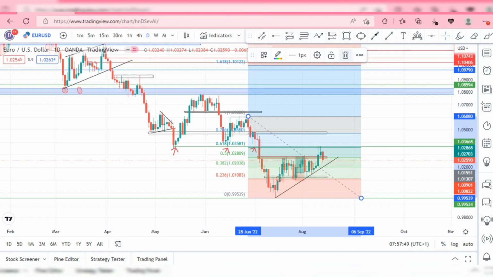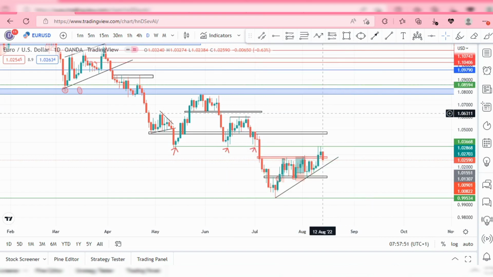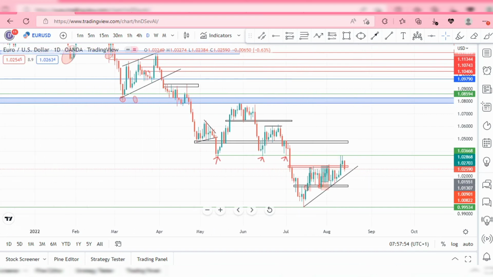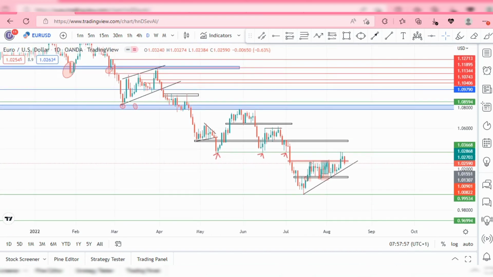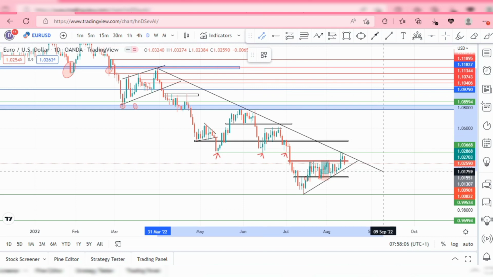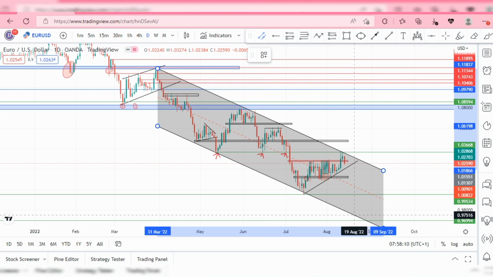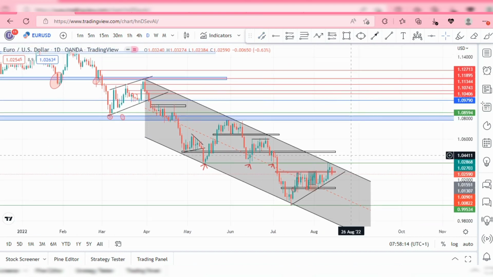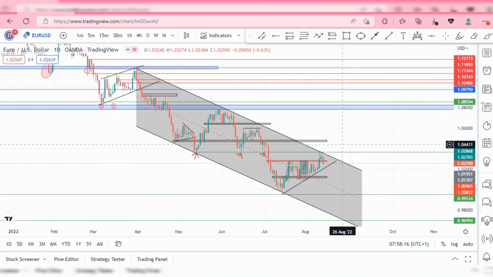So that is two. And then again, if we draw some sort of descending triangle, or rectangle rather, or a descending channel if you like, from this area here all the way down here, we can see that price has just gotten to the top of that level.